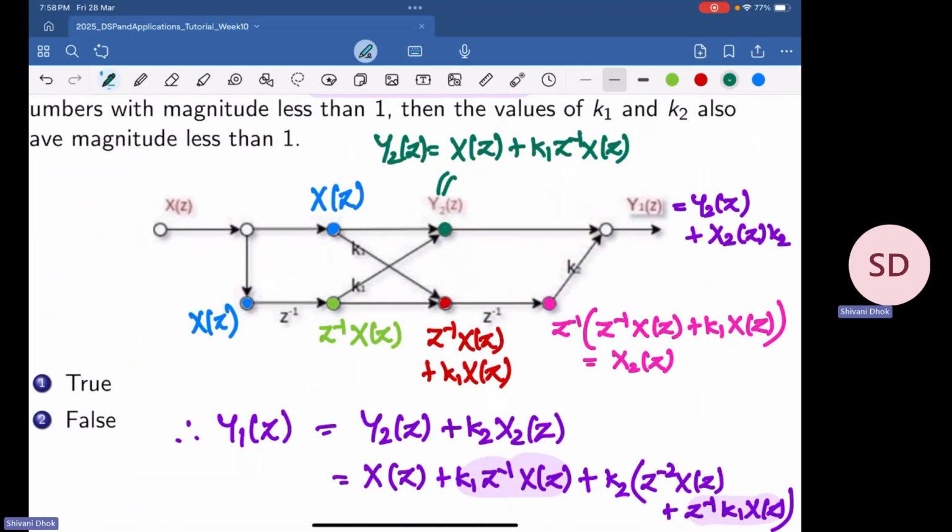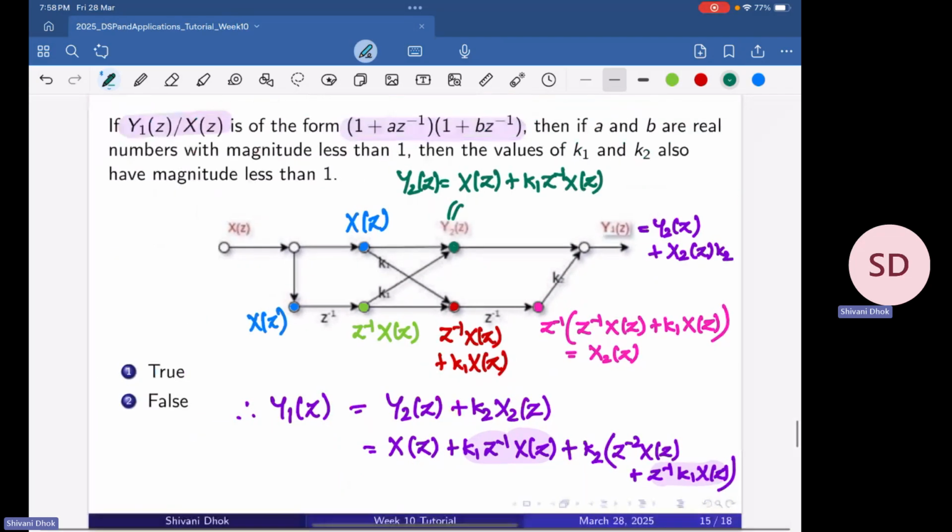On this structure, we'll have a lot of content in the 11th week. In the 11th week's tutorial, we'll be majorly focusing on the lattice structure and the questions related to that. This is an important and nice way to represent any rational filter. We'll see how to represent an IIR and an FIR filter using this lattice representation.